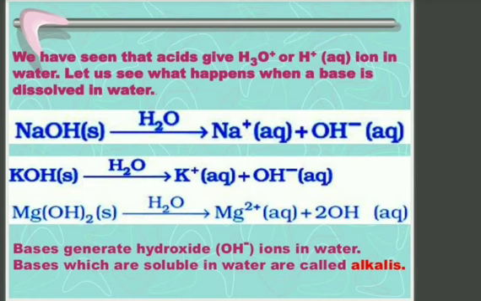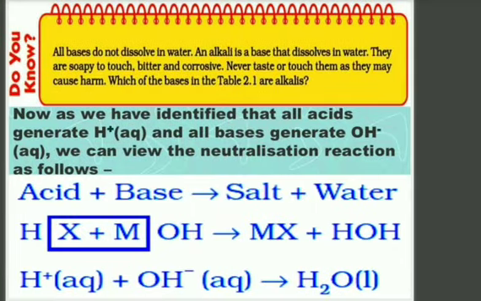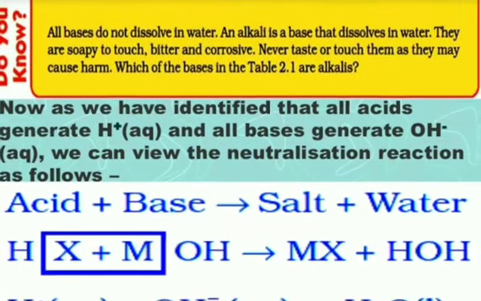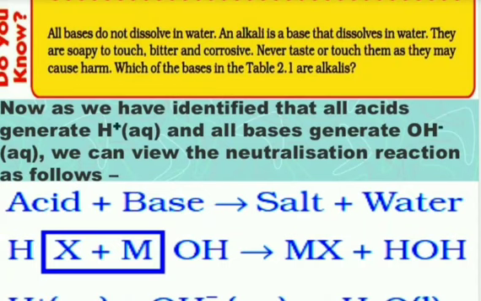Every base is not soluble in water to form alkali, but whenever alkalis are formed, they are formed when water and base are added together. Now it was given that all bases do not dissolve in water. Only strong bases dissociate OH- ions, and the weak bases will not show such type of reactions.